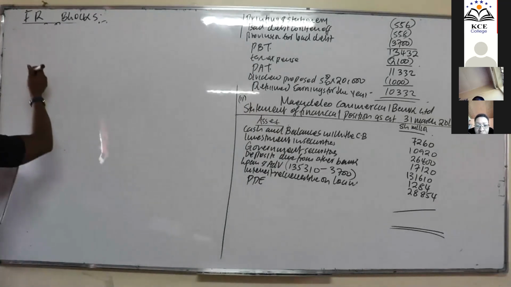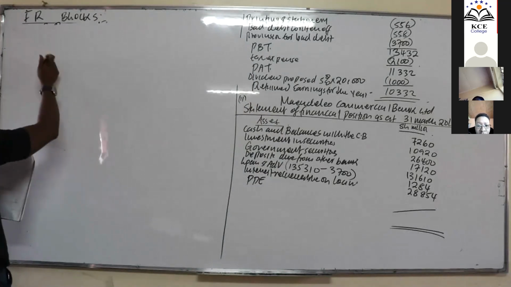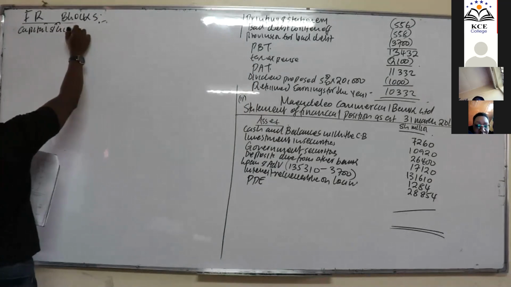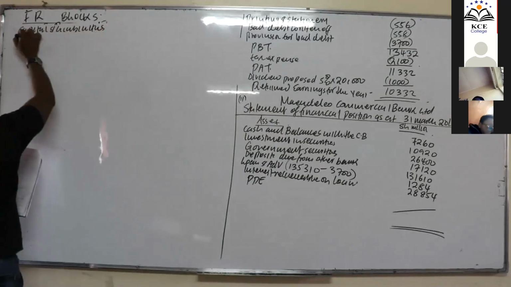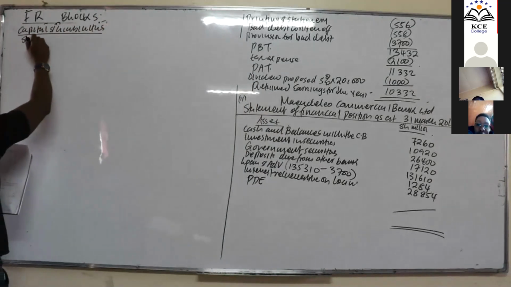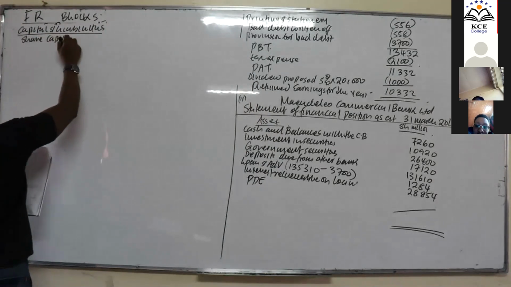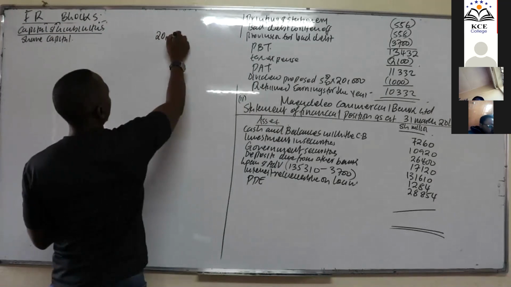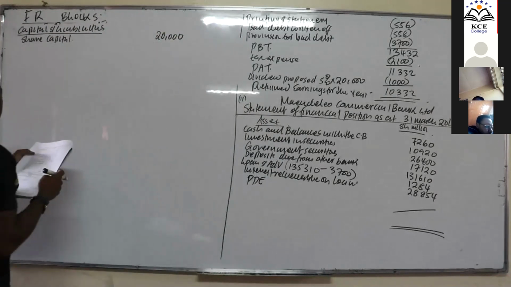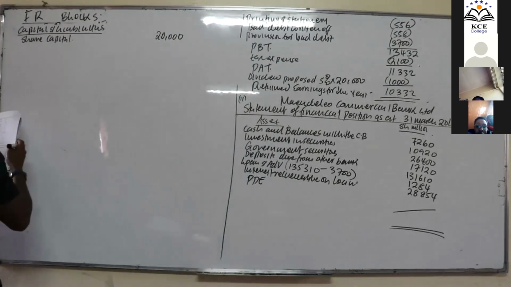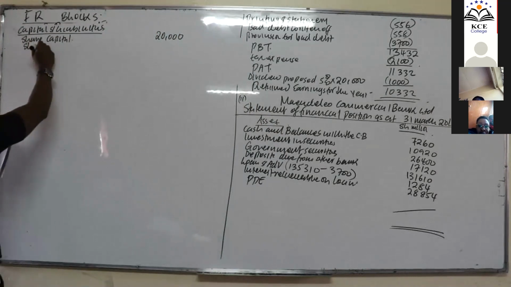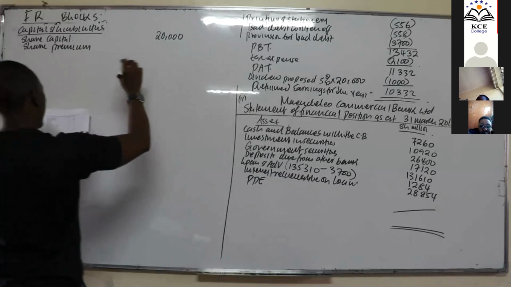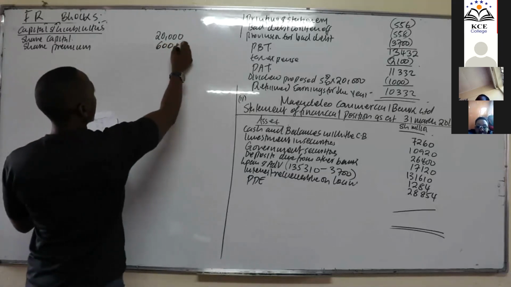So now to the statement of changes in equity. You take capital and liabilities. And under capital and liabilities, we had the share capital, an amount of 20,000. Then we also had share premium, an amount of 6,000.